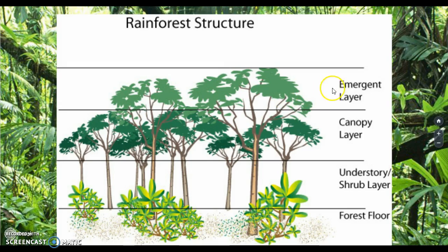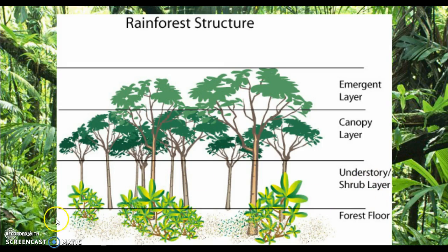The layer on the top is formed by several trees with more than 40 meters that are called emergent trees. The second layer is formed by a dense bulk of trees called the canopy, which are no more than 25 meters tall, and that has a very deep and dense layer of leaves and branches which prevents the light from reaching the ground.